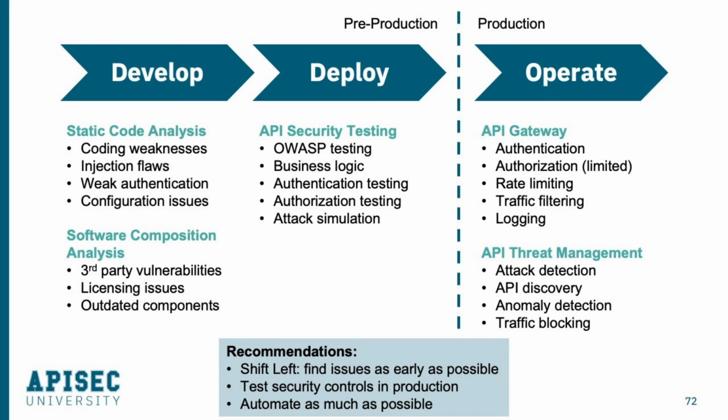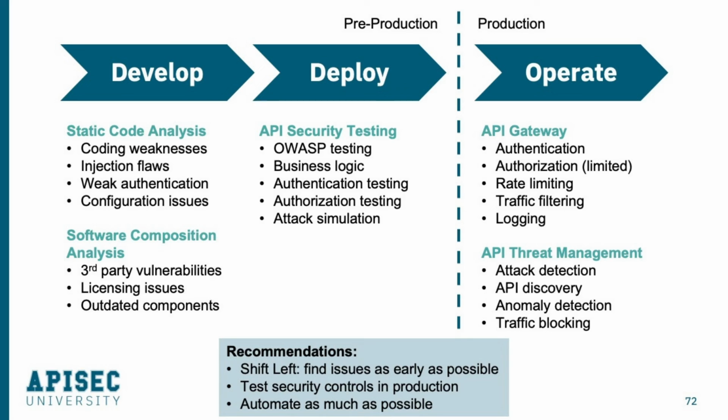In the development phase, you've got security tools that will look at your code, looking for coding weaknesses and injection flaws, weak authentication, config issues. They might look at your third-party libraries and outdated or known vulnerable code that your application may be relying on, and so forth.